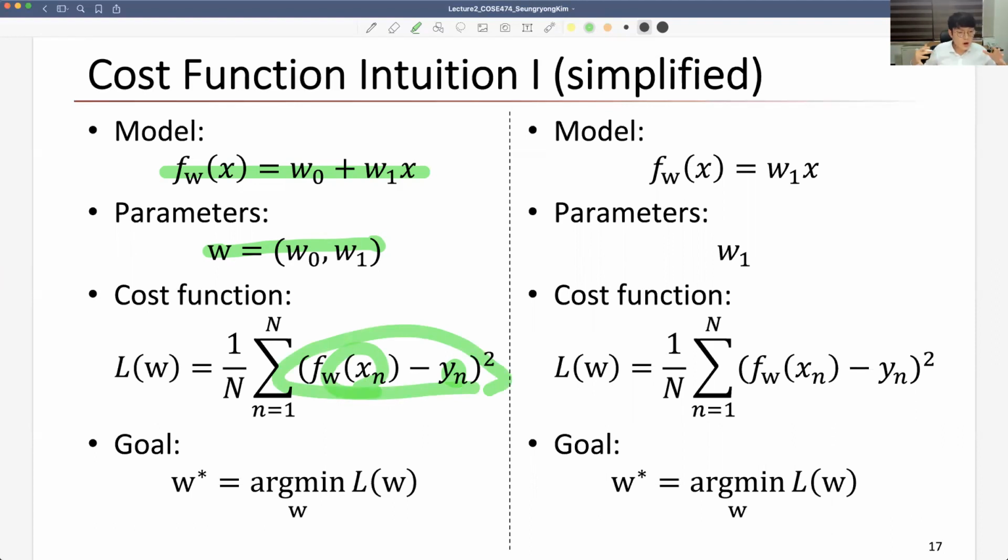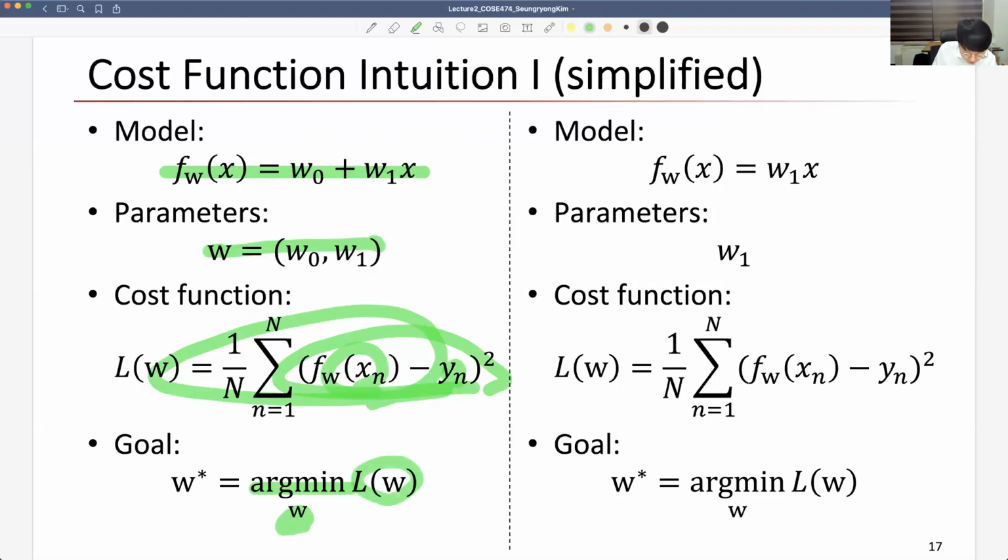Then we aggregate this distance across the whole training data set, and this is the cost function. The goal of linear regression is to find the learnable parameter W that minimizes this cost function.